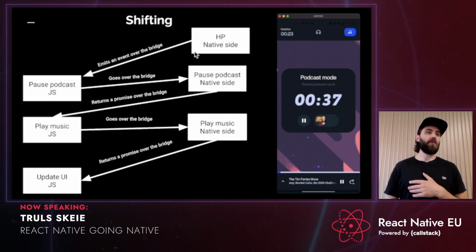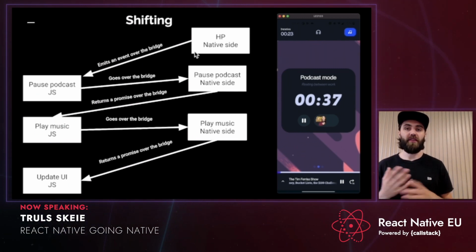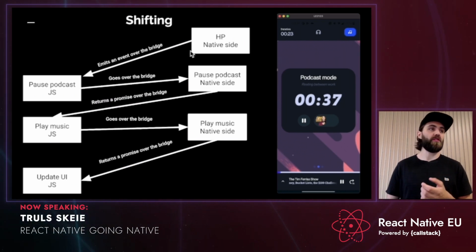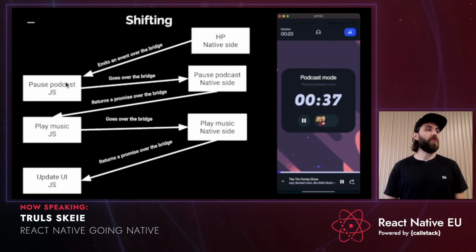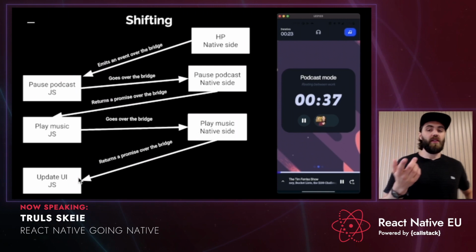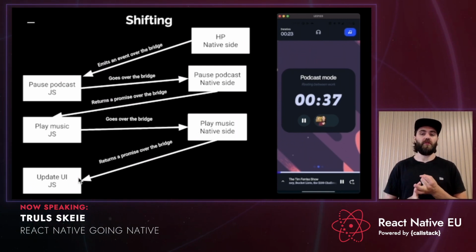And that means that we have set up headphones events on the native side, and we catch when the client presses play or pause, and that is emitted over the bridge, and then it starts the same process. And the same happens for the beep that I showed you, and also the Android notification.